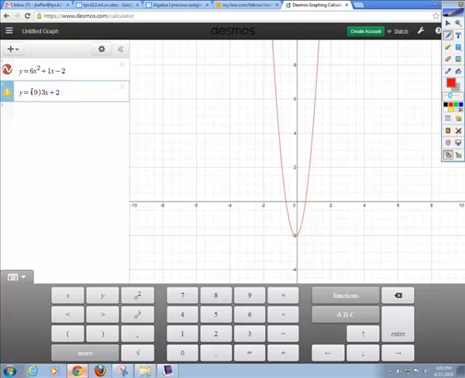Parentheses. All right, there's 3x plus 2 times 2x minus 1. Now, if they're identical, it's going to be the exact same graph, and it just covered it over in blue. So it is identical. So this is a way that you can check to see if your answer is correct by using Desmos.com with your graphing calculator.